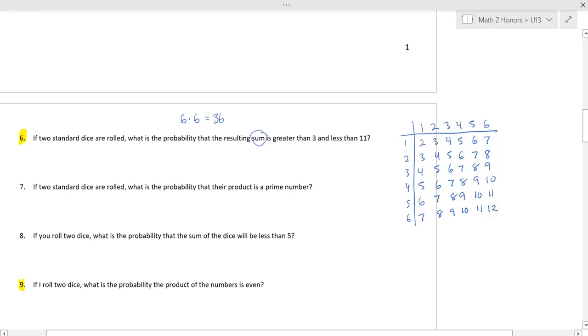And those are all the possible sums. And notice there's some repeats. Like there's only one way to get a sum of 2, but there's 3 ways to get a sum of 4. Or there's 5 ways to get a sum of 8, and so on.